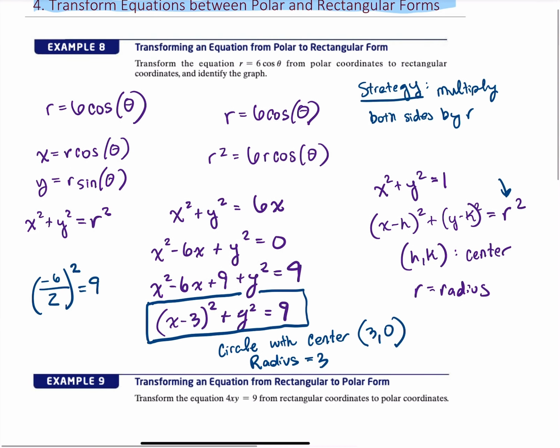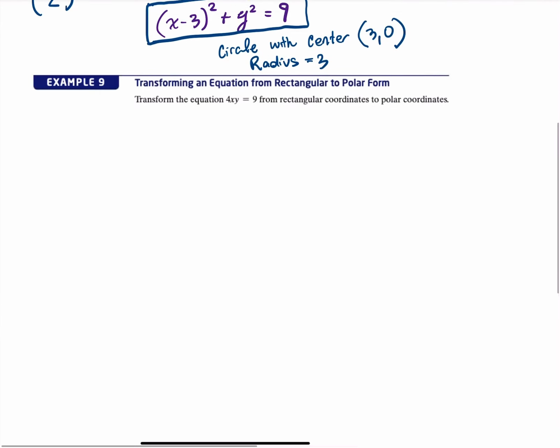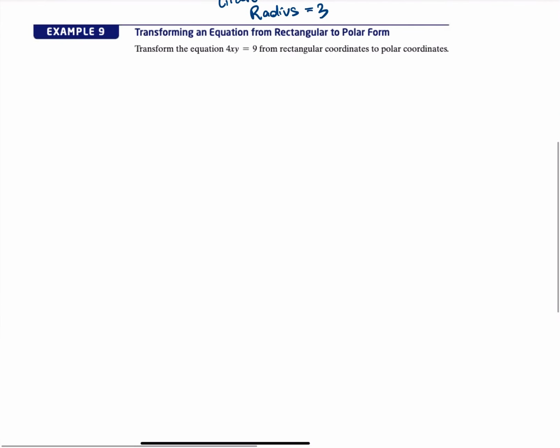All right, let's keep with the theme of transferring between polar and xy coordinates. So in example 9, we have 4xy equals 9. This is a rectangular equation, and we want to convert it to a polar equation.